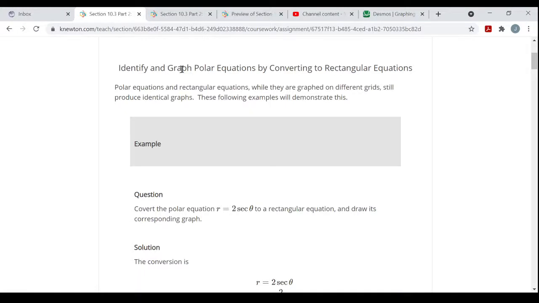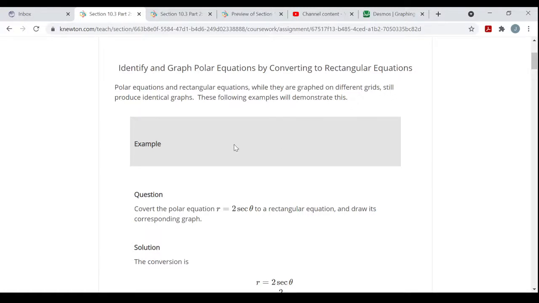So here, identify and graph polar equations by converting to rectangular equations. Polar equations and rectangular equations, while they are graphed on different grids, still produce identical graphs. These following examples will demonstrate this.